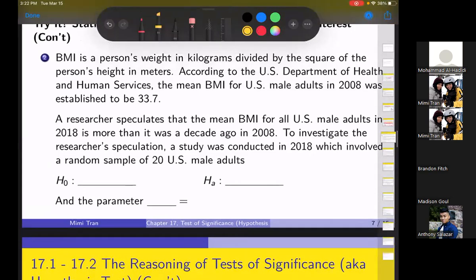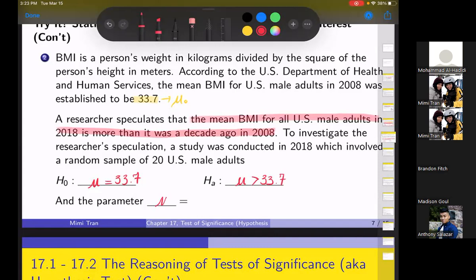So I know this is right here. This is my mu naught, right? So H naught is mu equal mu naught. So mu equals 33.7. And here, because the researcher wants to know if BMI for all US male adults in 2018 is more than it was a decade ago, I'm gonna highlight that. So HA is mu greater than 33.7.